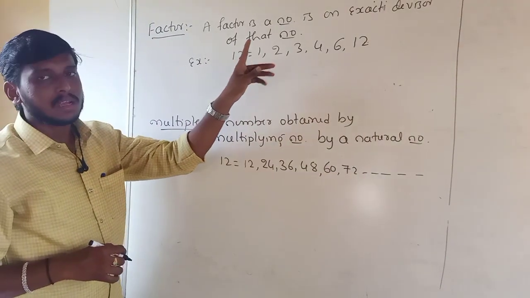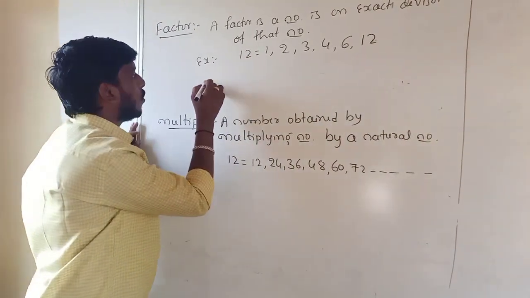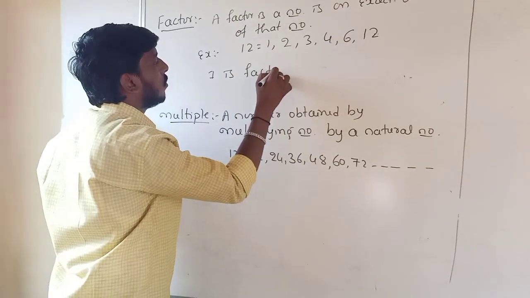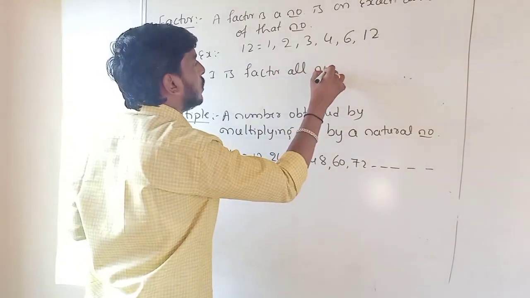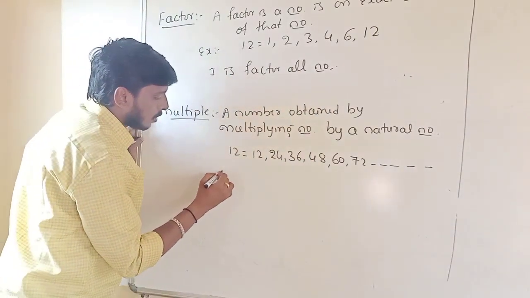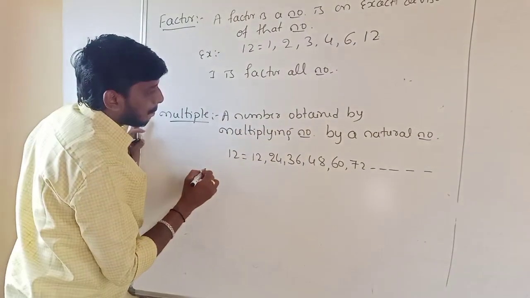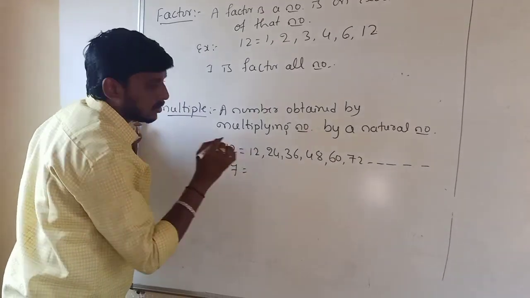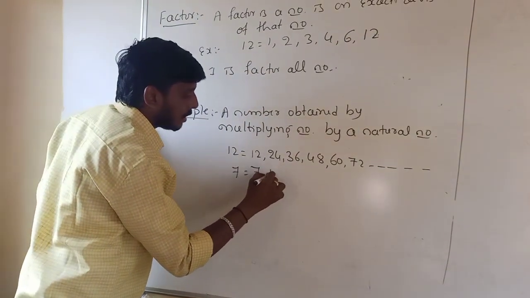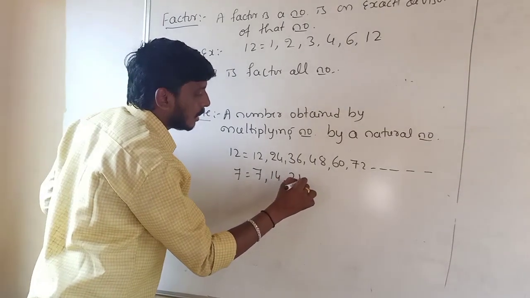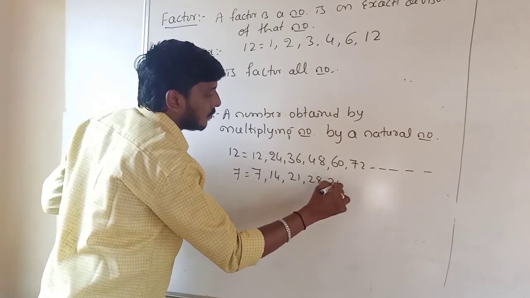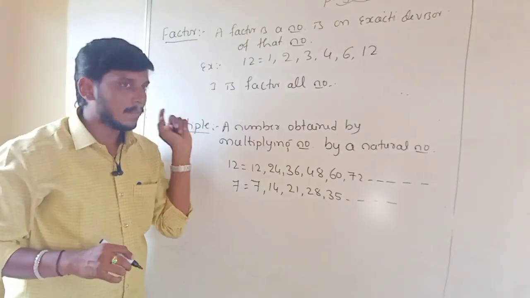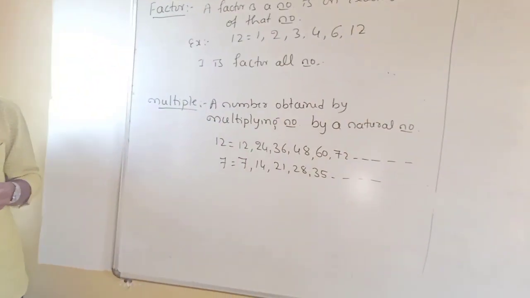Here factors are countable. One more example: what are the multiples of 7? 7 ones are 7, 7 twos are 14, 7 threes are 21, 7 fours are 28, and so on. So this is the difference between factors and multiples.